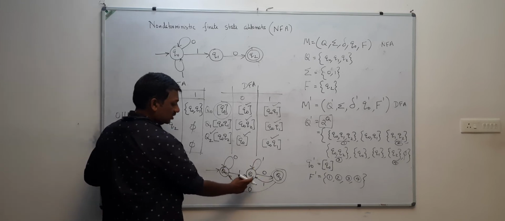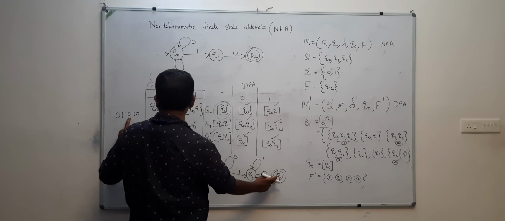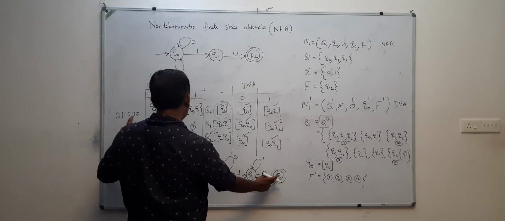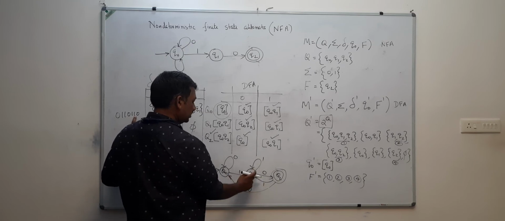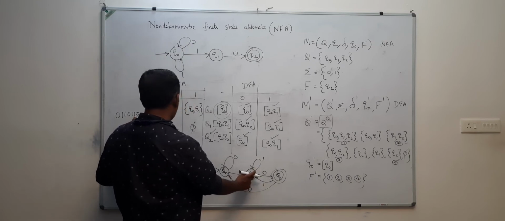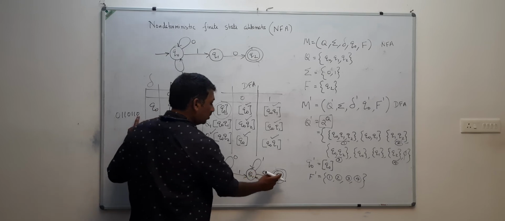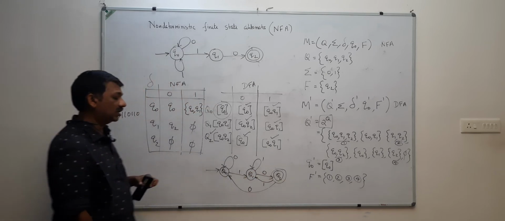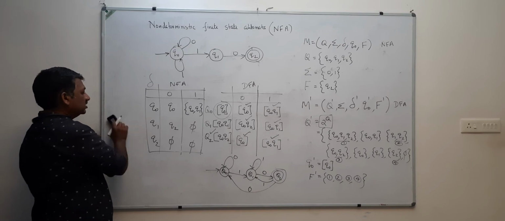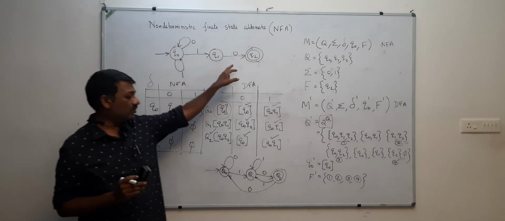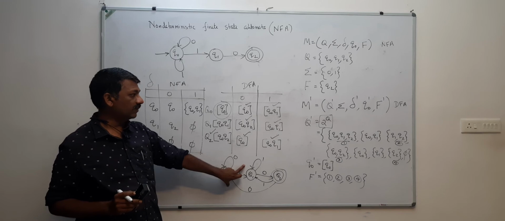For the next 0, it moves to the next state. For the next 1, it comes back. For the next 1, it takes a self loop, and for the next 0, it reaches here. That means Q2 is the final state, and all binary strings ending with 1 0 are accepted by this DFA.